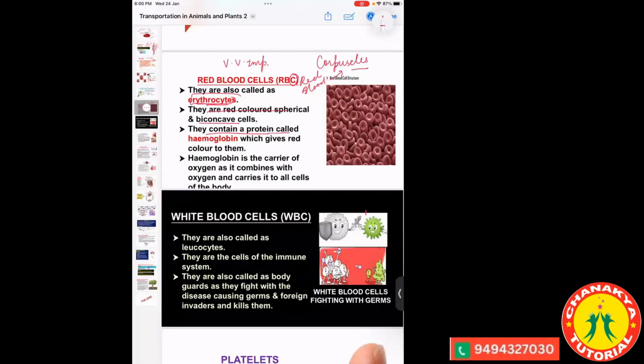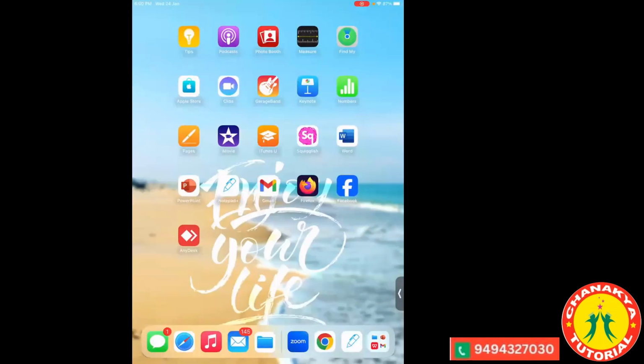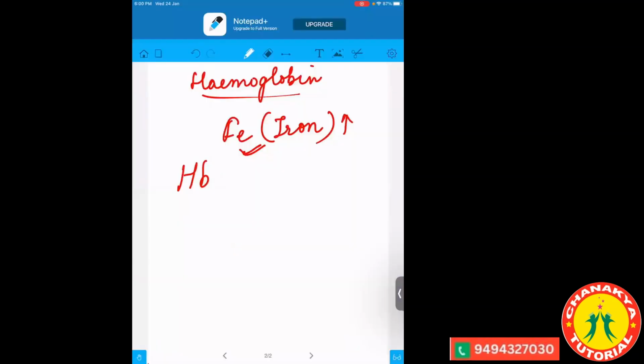So they contain a protein called hemoglobin, which gives red color to them. Hemoglobin is the carrier of oxygen. What is the function of hemoglobin? First of all, it provides the red color to the RBC. The second thing, it acts as a carrier. This HB is hemoglobin.